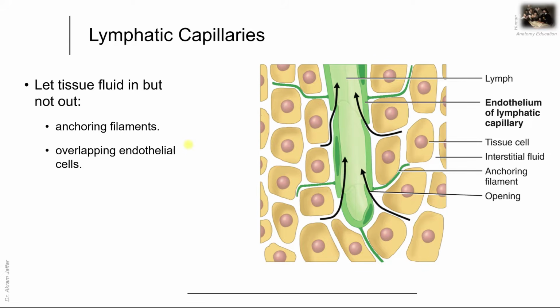The reason is that their structure is designed to let tissue fluid in but not out. And this is achieved by the presence of these anchoring filaments, which will keep the tube from collapsing under outside pressure. These anchoring filaments are located in between the cells of the tissue.